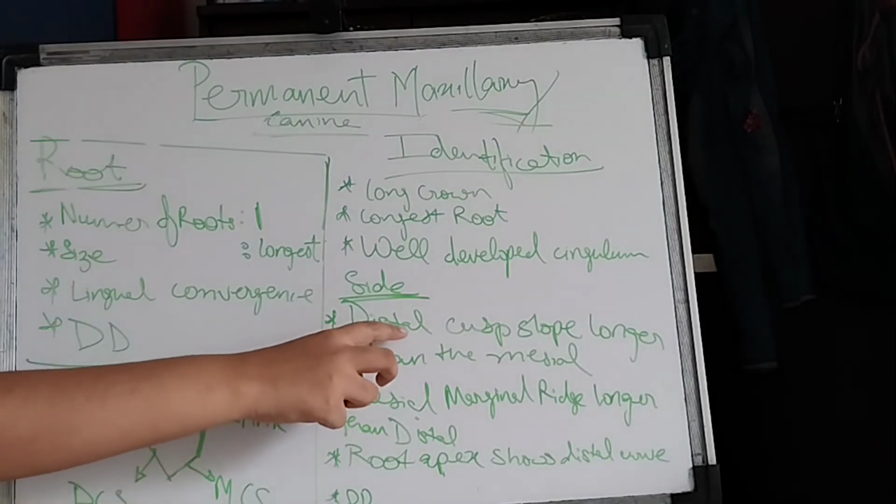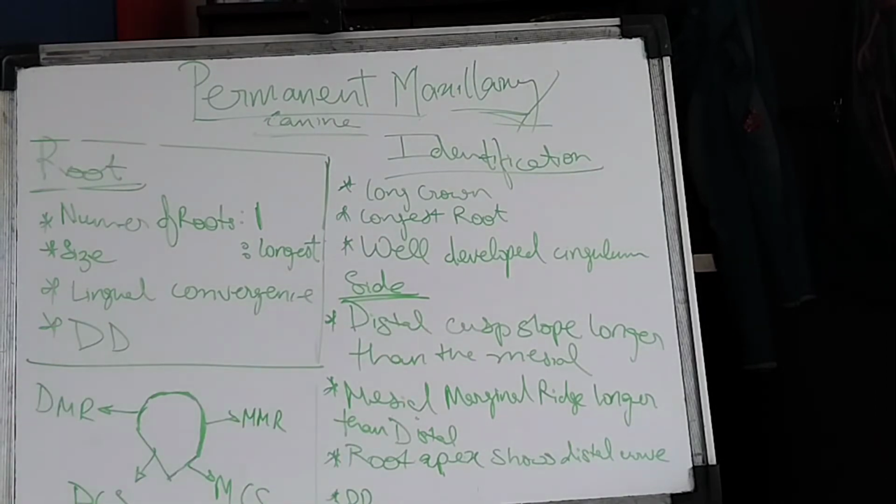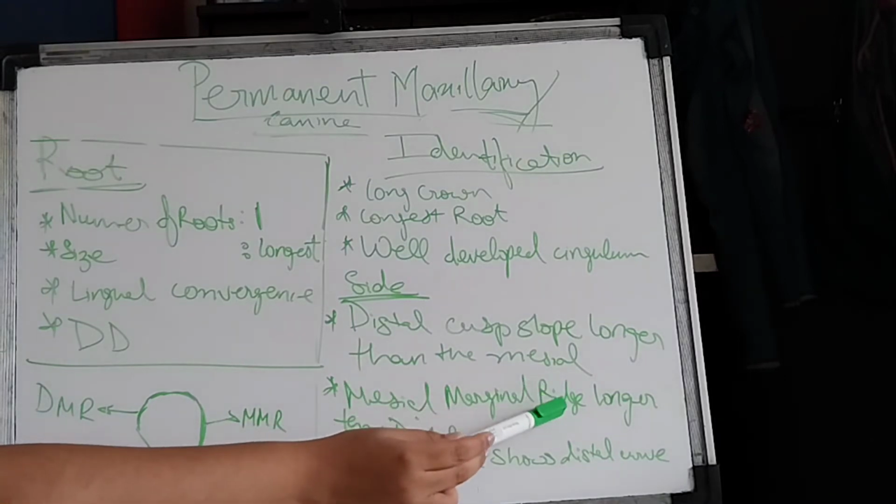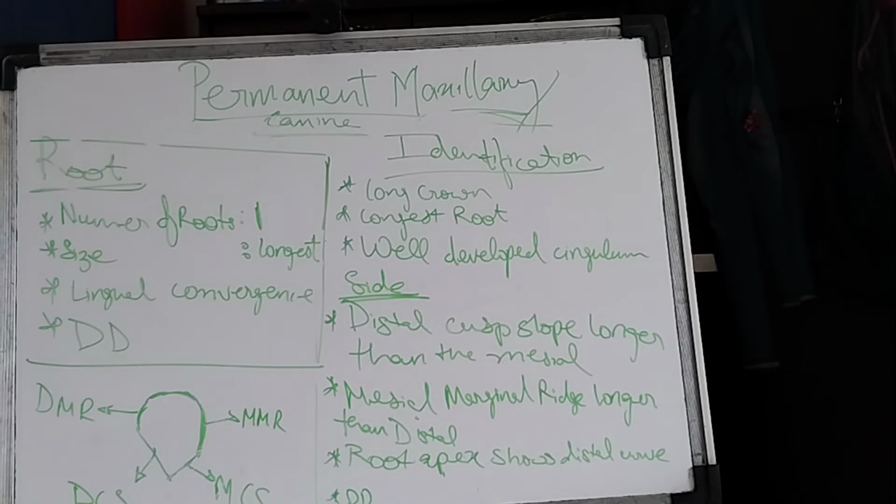Now, side identification. When you see from the distal and the mesial aspect, what can you see? When you see from the side, the distal cusp slope, I've drawn the diagram also for you so that you can understand the difference. The distal cusp slope is this one, and it is longer than the mesial cusp slope. The mesial marginal ridge is longer than the distal.